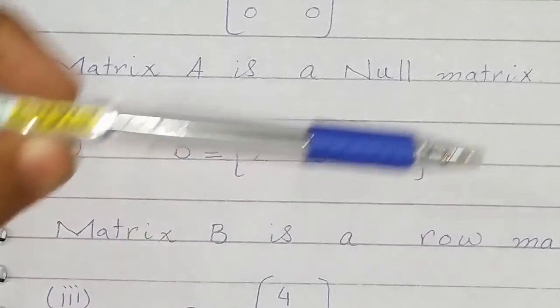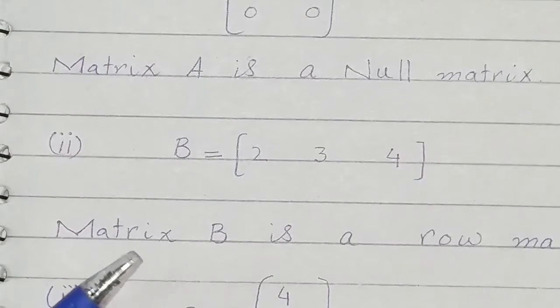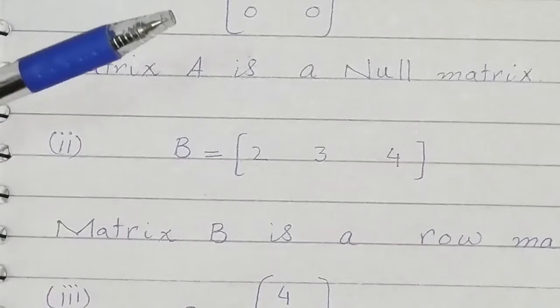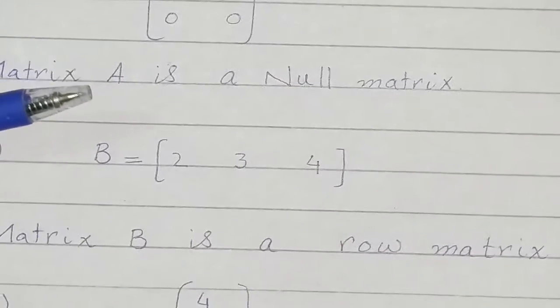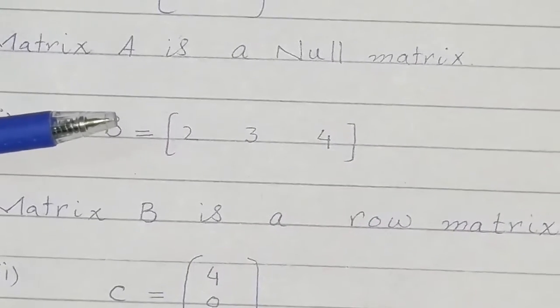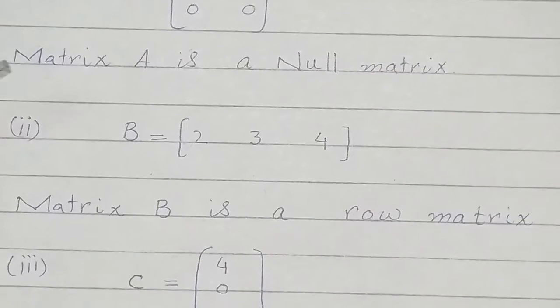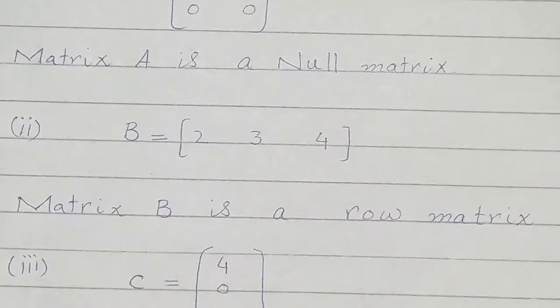It has only one row. So this matrix can be called a row matrix. It's a row matrix. As you can see, it has only one row.